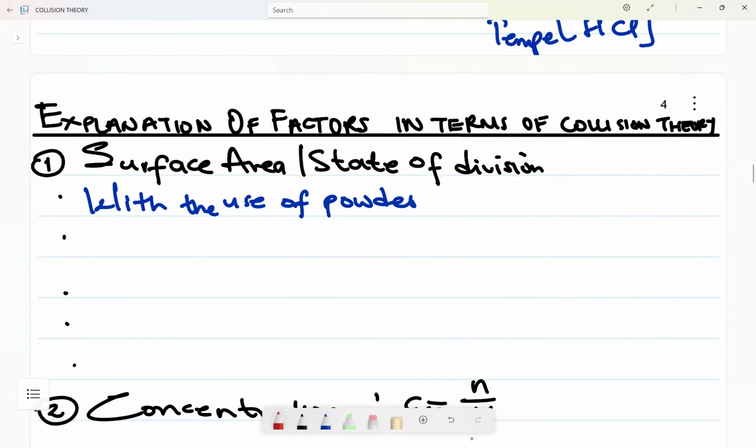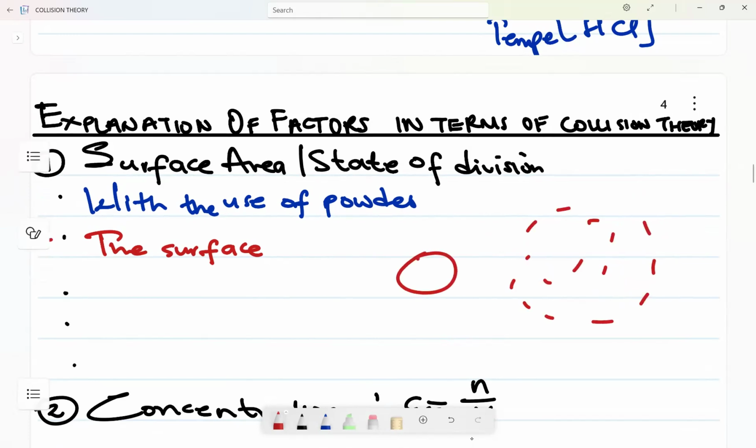So the first reasoning that you're going to say is that the surface area increases. Remember, if it is like this and if it is in powder, can you see now the surface area increases?